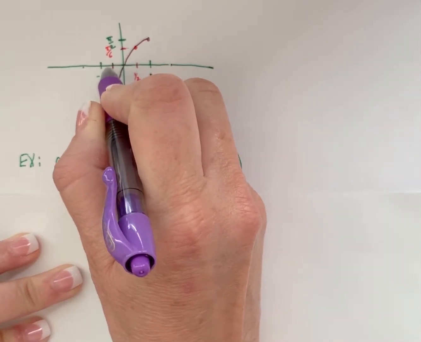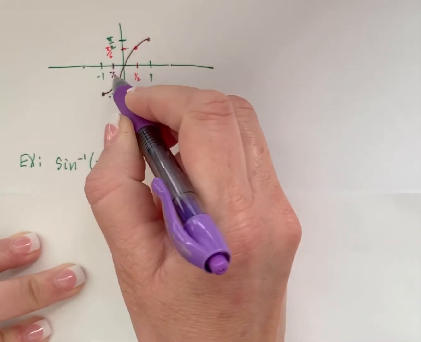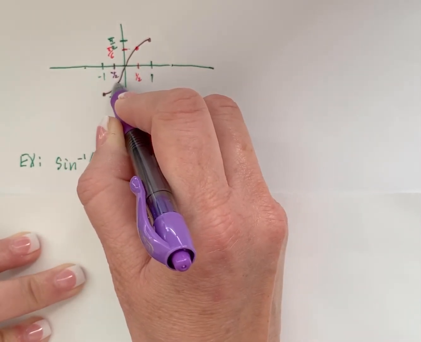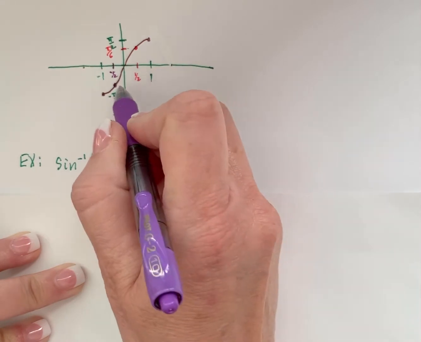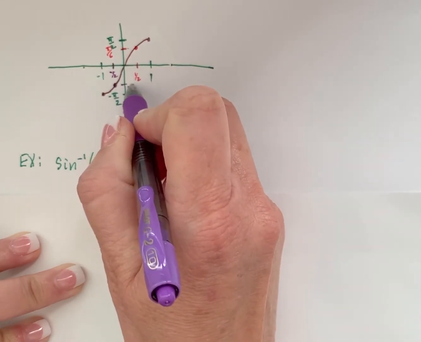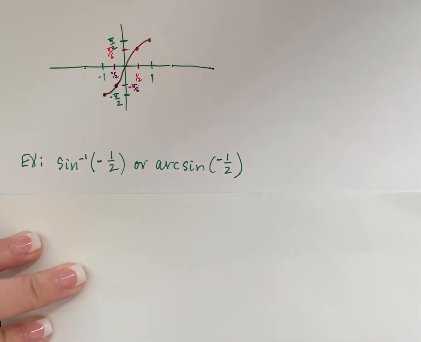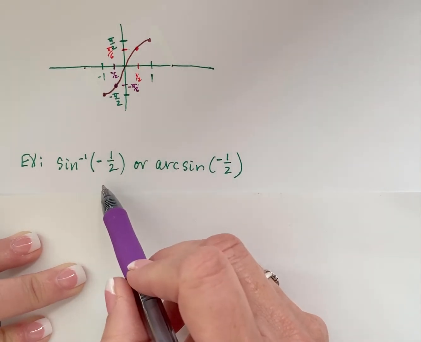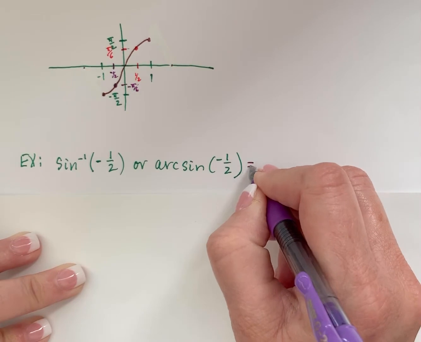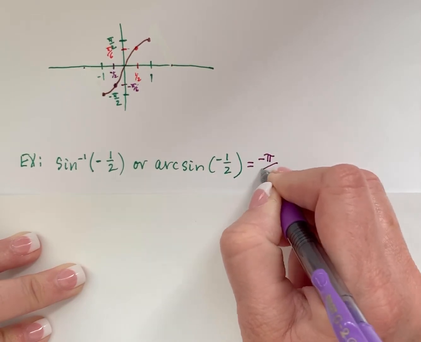You're inputting negative 1/2, and there's a point at negative pi over 6. All right, these graphs are not really drawn to scale, but they give you the idea. So the inverse sine of negative 1/2 or the arc sine of negative 1/2 is equal to negative pi over 6.